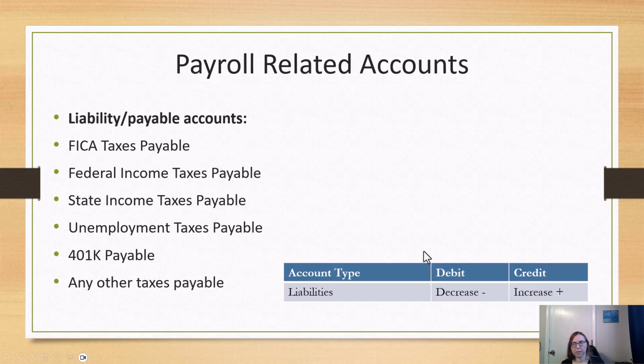For liabilities, you are adding to the debt of the business with a credit, and subtracting from the debt of the business with a debit. I hope I said that right, and I didn't mix up my debits and credits, but it is on the screen. Add to debt with a credit, subtract from debt with a debit.